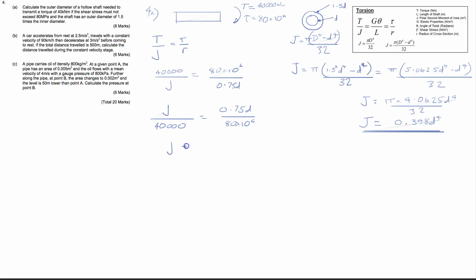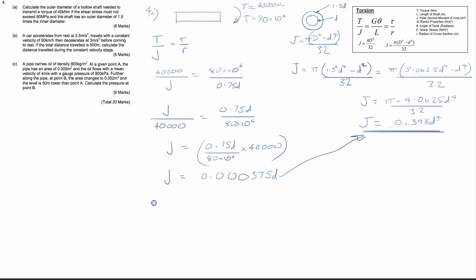So J is equal to 0.75 d over 80 times 10 to the 6 times 40,000. We're then going to be able to plug this into here, but let's just evaluate it first so that it looks a bit nicer. I'm going to pause the video because that's a beast to put in my phone. So I make that equal to 0.0000375 little d.